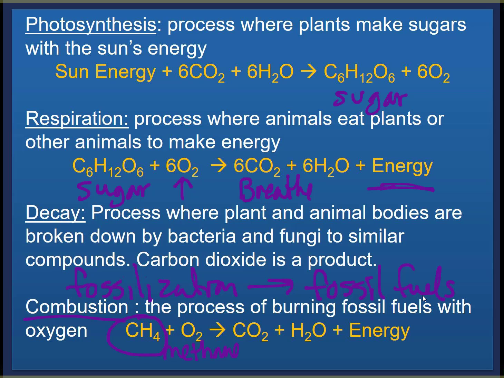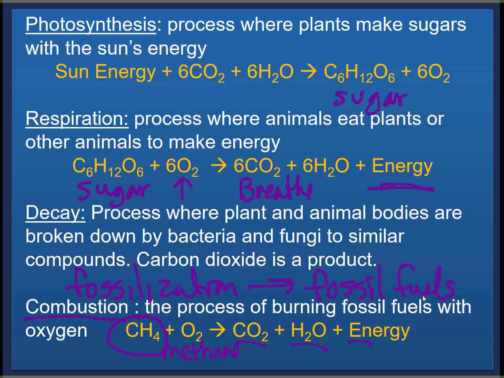But the process is all the same. We have a hydrocarbon, so carbon and hydrogen. Sometimes there's oxygen involved there, but we at least need carbon and hydrogen together. It's burned in oxygen, and we release carbon dioxide and water and a lot of energy.